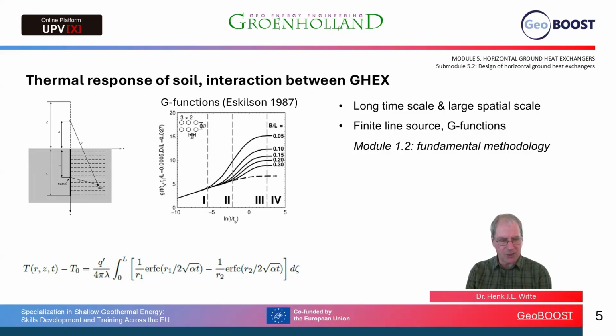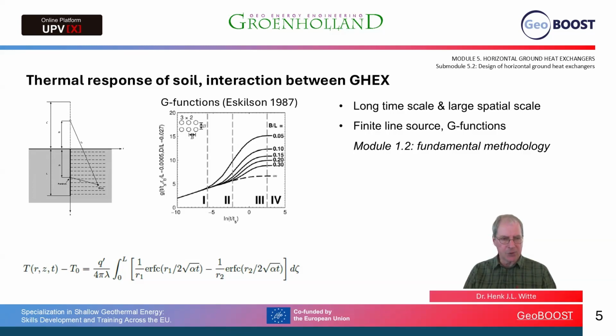Then to impose certain boundary conditions at the surface, for instance, a boundary condition of no temperature change, there is a mirror source on the surface that cancels out the actual finite line source in the ground. As the distance between the points increases, the cancelling effect becomes smaller.